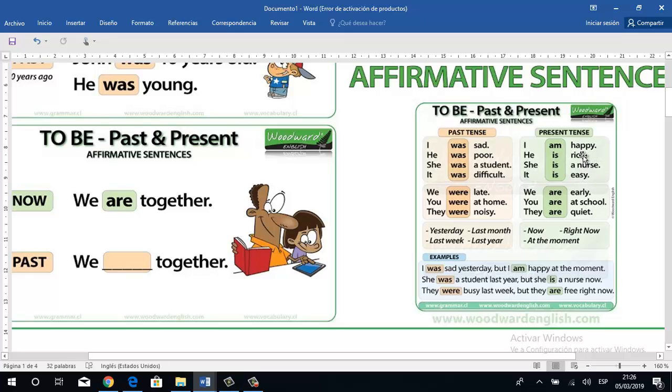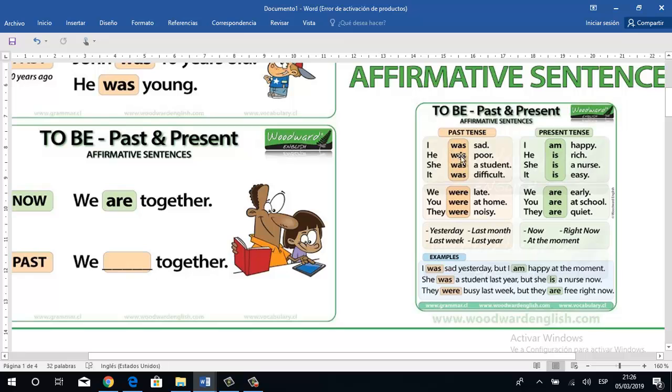In all of the cases on this hand we have adjectives and more adjectives and adverbs, and then we only use the same without changing anything, and we say I was sad, he was poor, she was a student, it was difficult, we were late, you were at home, they were noisy.